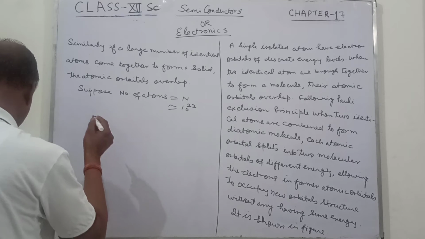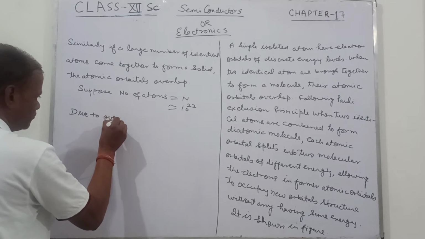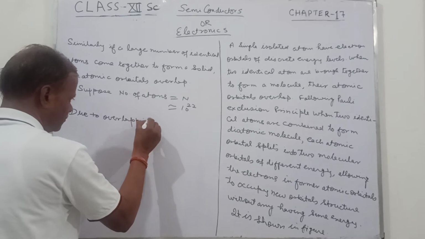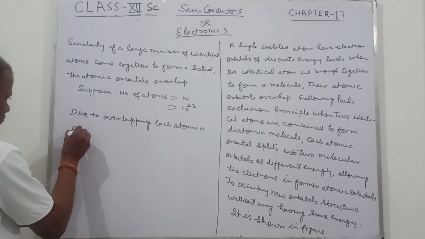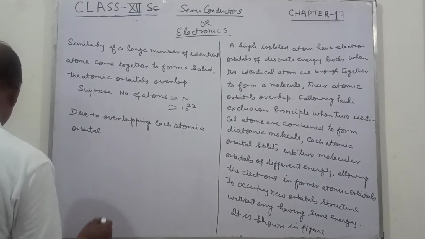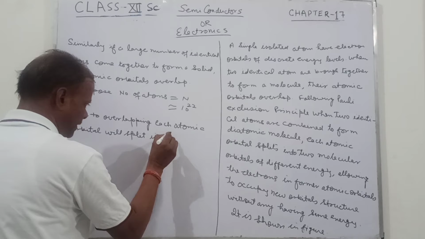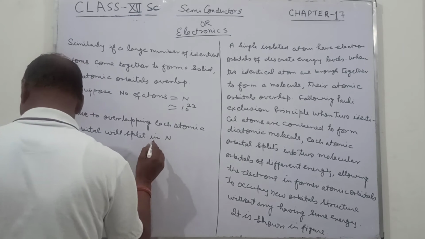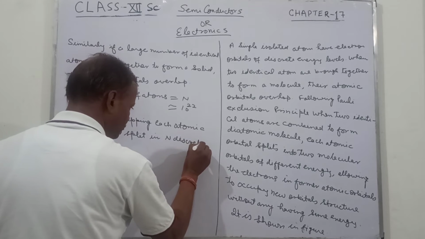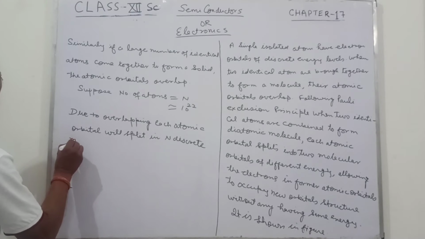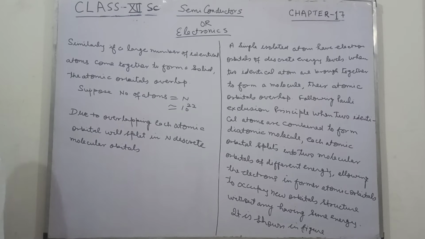So due to overlapping, each atomic orbital will split into n discrete molecular orbitals, each with a different energy.